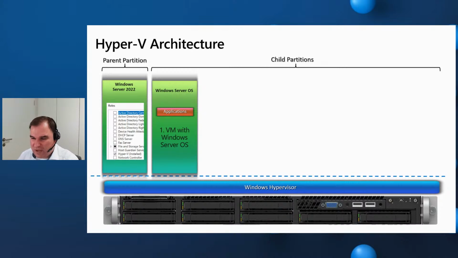This means we have the usage rights for the Windows Server parent partition, plus the hypervisor, plus one guest operating system. So Essentials includes Hyper-V, and Hyper-V means we have a combination of parent partition and hypervisor. And we have one virtual usage right on the licensed server.